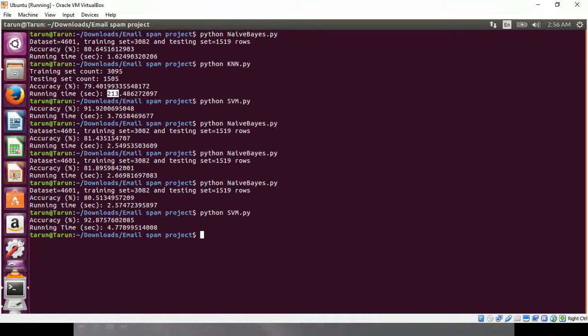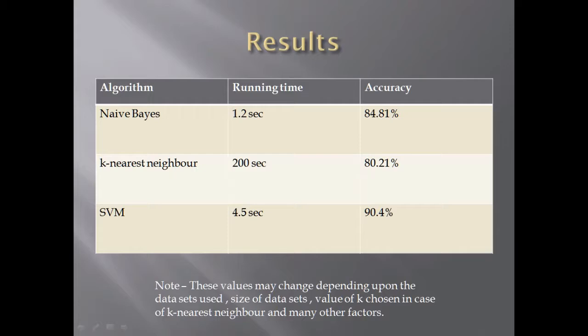And now let us check the results. Now here let's compare the results. So naive Bayes takes around 1.2 seconds, accuracy is around 84. This is the average of around 10 iterations.